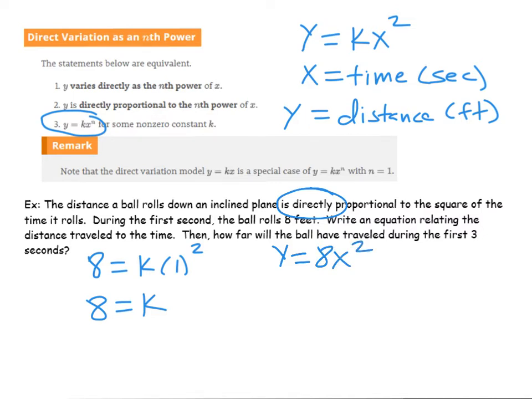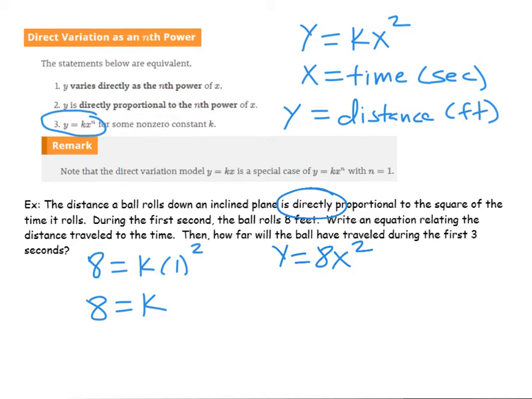Just has one term. Even though in this case we're calling it k, if we thought of it as the coefficient in front of x squared, that's 8. There's no x term and there's no constant term, right? So it's a pretty simple little quadratic. Next question is, how far is the ball rolled after 3 seconds?